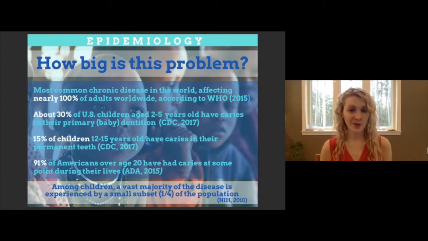And remember, those adult teeth are pretty new at that time. 91% of Americans over age 20 have had caries at some point during their lives. Among children, a vast majority of the disease is experienced by a small subset, about a quarter, of the population.